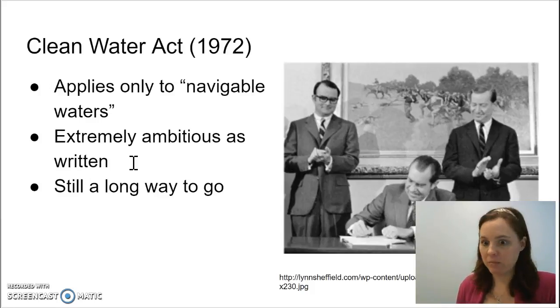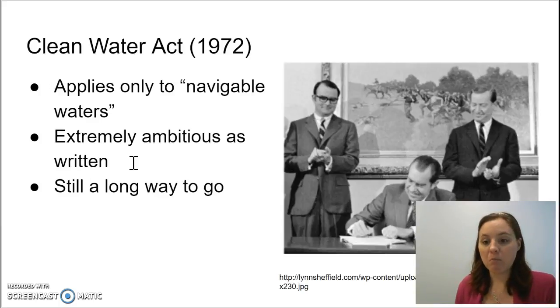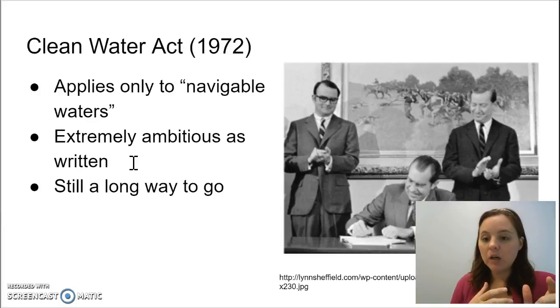And clearly that was not met, because we still have discharges of pollutants into our waterways now. So there's still a really long way to go with the Clean Water Act and cleaning up our bodies of water. In 1996, the EPA did a survey, and from the data they could collect, about 22% of the watersheds in the U.S. had good water quality, 50% had moderate water quality, and the other 28% were impaired or had bad water quality.